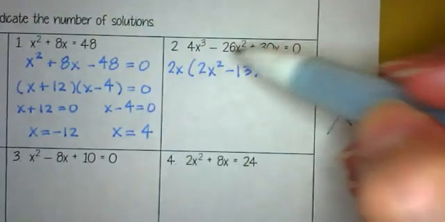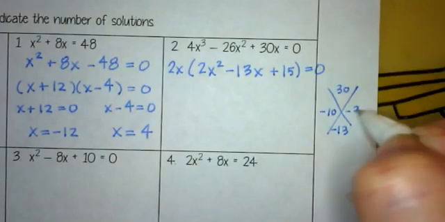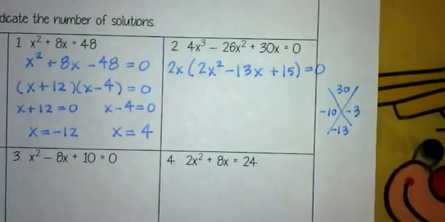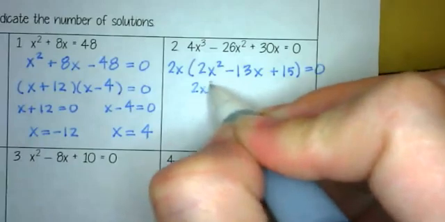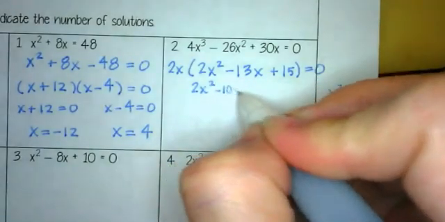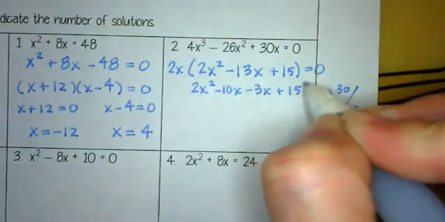So I'm going to go over here. We need to multiply and get 30, but our factors need to add up to negative 13. So right away I'm thinking 10 and 3. So we'll need a negative 10 and a negative 3. So we have 2x squared minus 10x minus 3x plus 15.